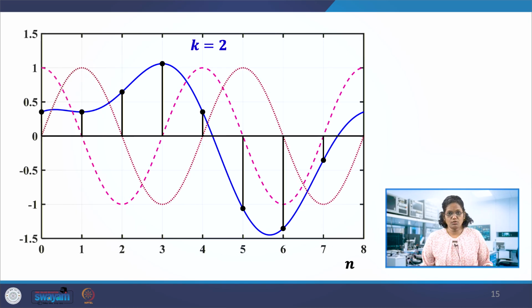When k equal to 2, what is that? This is the input signal, which is x[n] or x(t), and the sampled version we have here. So k equal to 2 has the sine, and this is cos.